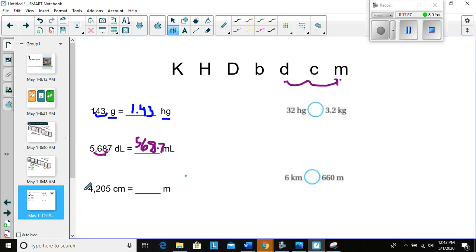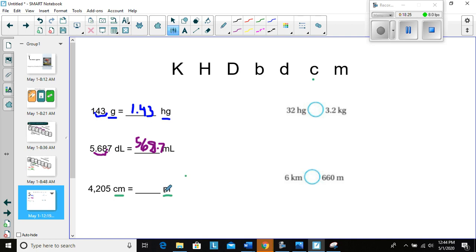Okay, so now the next one is the CM. C is centi, right? Centi, or however you want to say it. And so centi is here, the C for chocolate, right? And we're changing to M. Now this is just one little m, and there's an m here for milk, right?